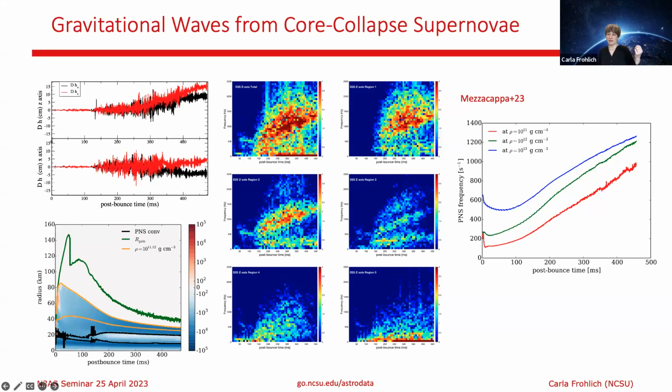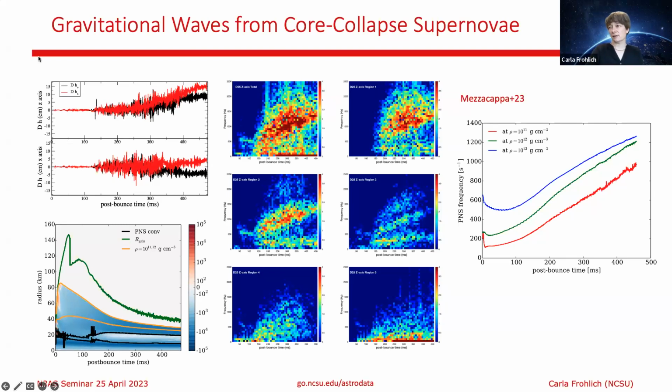The first is the region that's convectively unstable, and its outer bound is at a density of 10 to the 12 grams per cubic centimeter. The next region goes out to a density of 10 to the 11 grams per cubic centimeter, which is also what they define as the protoneutron star surface. The 4th region is the cooling layer, and the 5th region is the gain layer.